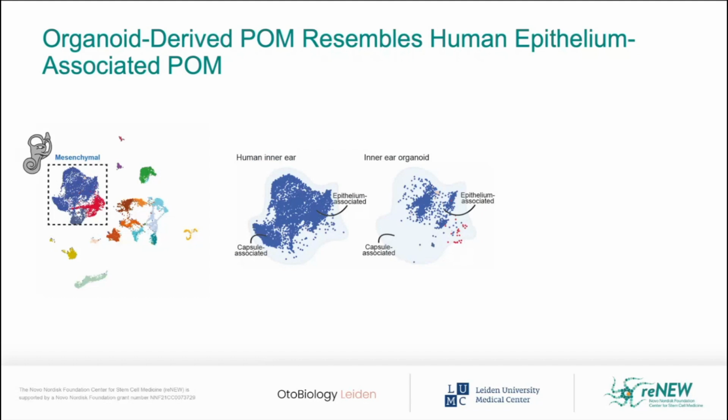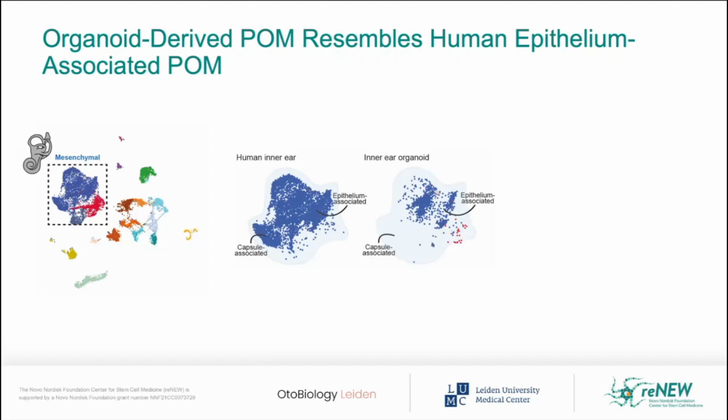This is how it looks if we focus on the mesenchymal cell types. We identified otic-specific mesenchymal cell types in our organoids. On the left, you can see how it looked in the human inner ear. You have mesenchyme with a gene signature more associated with the epithelium, epithelium associated mesenchyme, and you have mesenchyme more associated with the outside, the otic capsule, which is capsule associated mesenchyme.